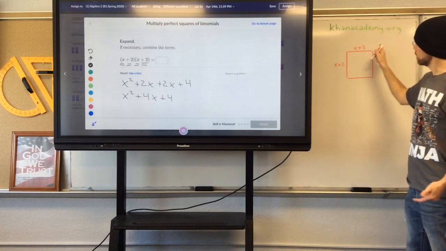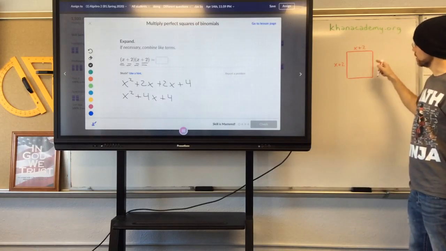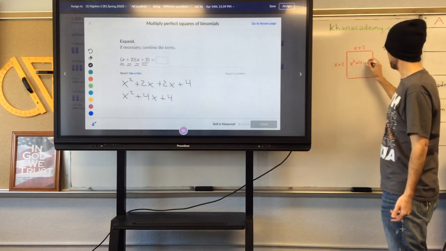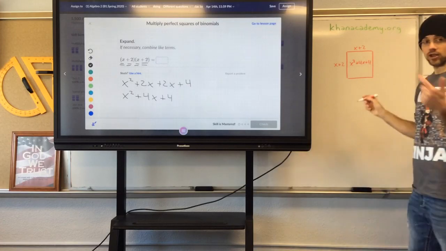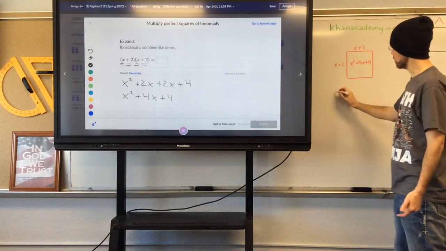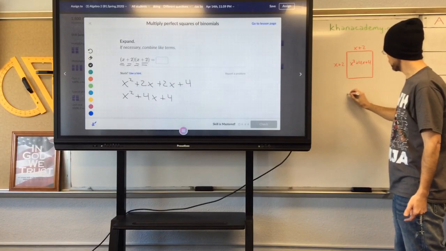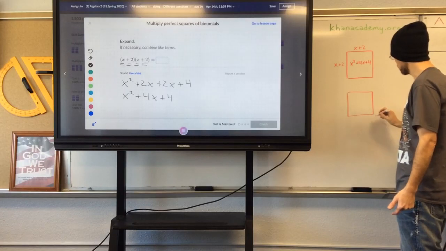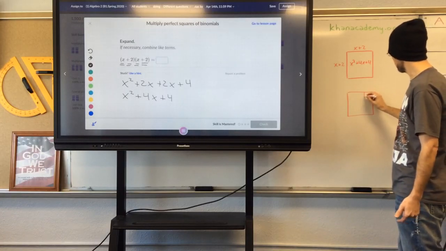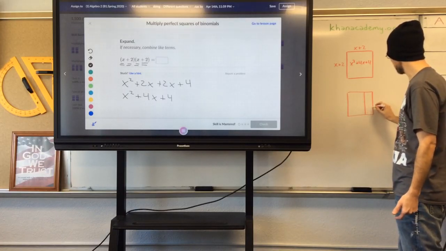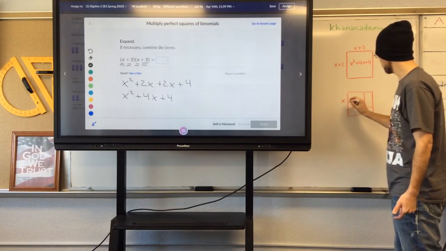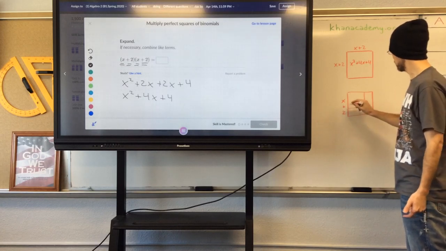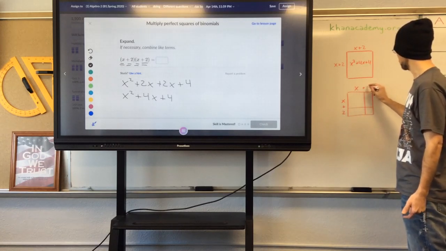And when we multiply the length times the width, we get our area in here, which was x squared plus 4x plus 4. If you break that apart, like they did on the videos before, it looks like this. x plus 2 and x plus 2.